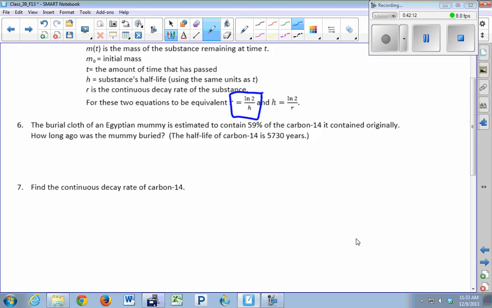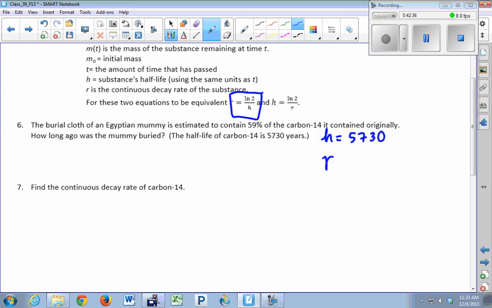So if something's alive, what percent of carbon-14 does it have? 100%. So it has 59% of the original carbon-14 left. And we want to figure out how long ago the mummy was buried. Okay? So the half-life of carbon-14 is 5,730 years. So that's the value of h.